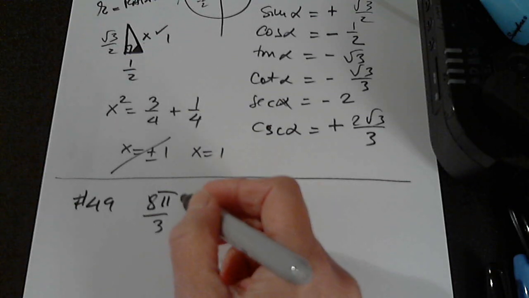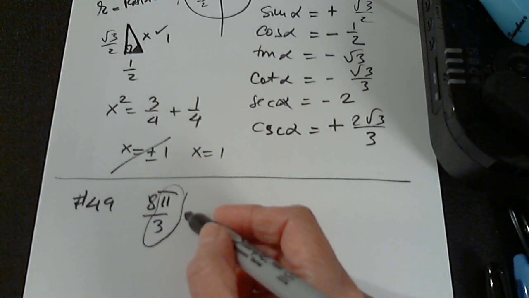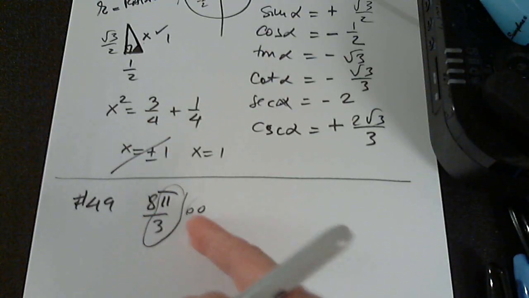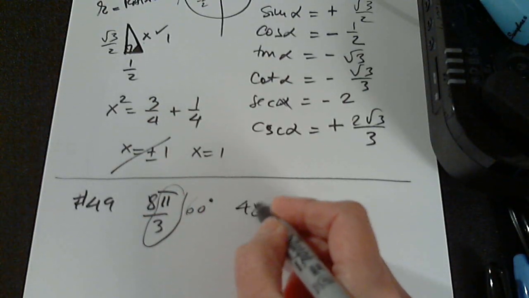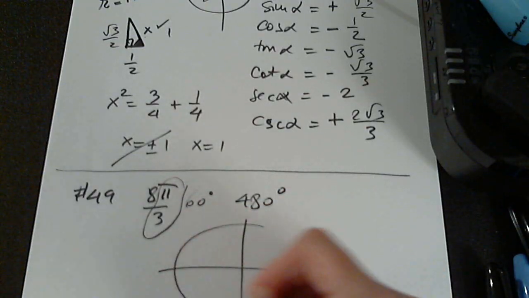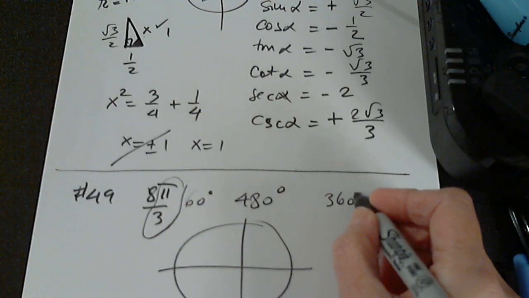Good. So remember this, and you have to know by now that this is how many degrees? Good. 6 times 8. So we're talking about 480 degrees. A full or complete rotation is 360.